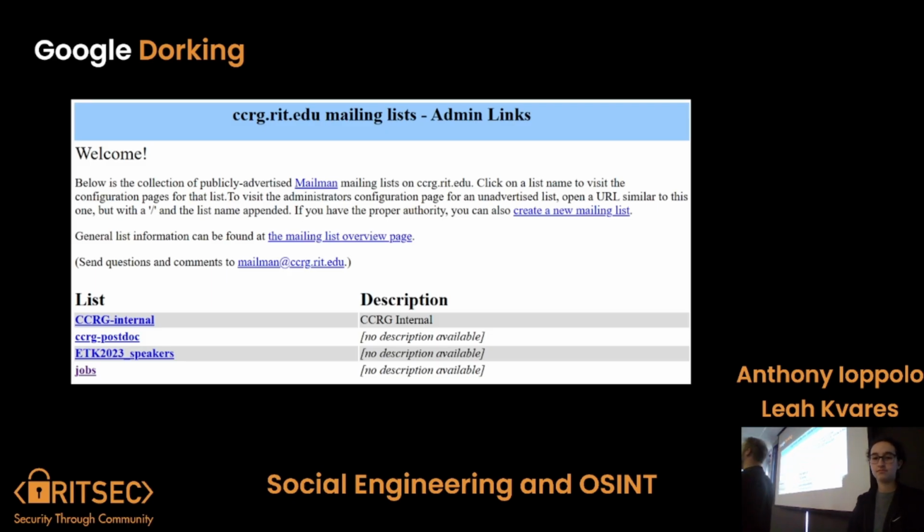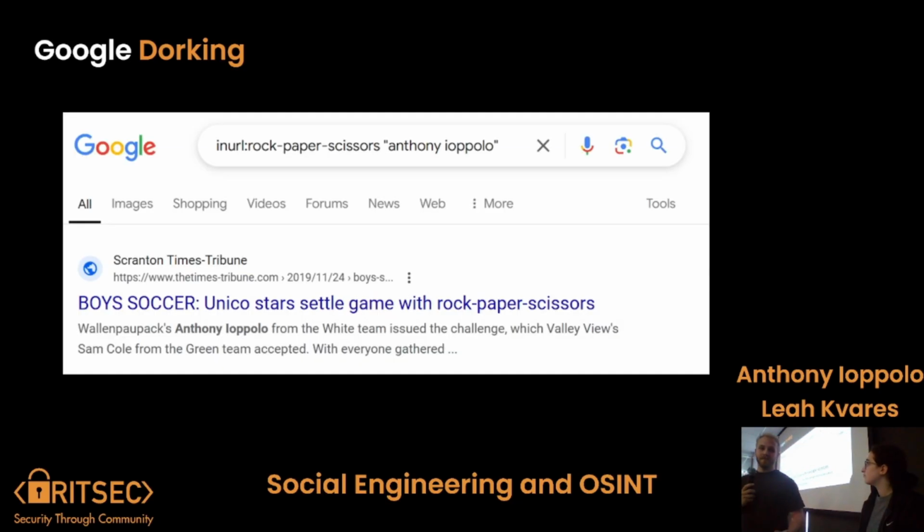There were a billion search results for RIT, but with the admin operator you get it down to like 10 pages, and you're able to see things you probably shouldn't be able to. And another example, if you search my name in rock, paper, scissors, sometimes you get some goofy stuff, hypothetically, of course.